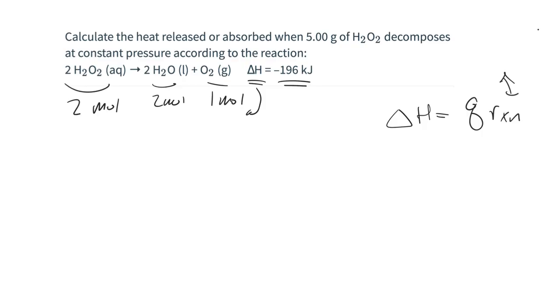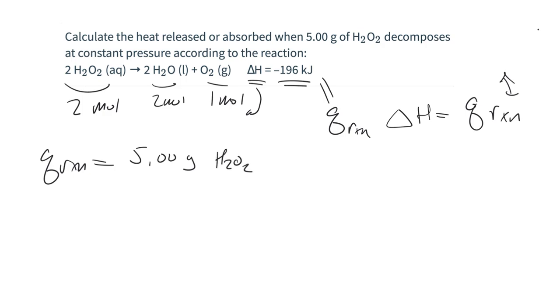So one way I might go about solving this problem is that this delta H here is equal to the heat change of that process that's taking place. And then I can try to calculate the Q reaction when I have just the 5 grams of hydrogen peroxide present instead of the 2 moles.